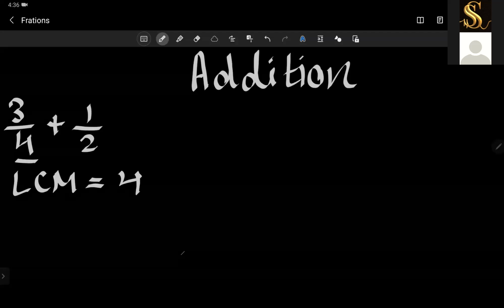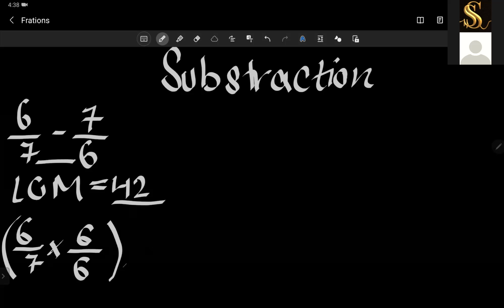So here for 6 upon 7, I will have to multiply by 6 upon 6, as 7 into 6 gives us 42. And for 7 upon 6, I have to multiply both the numerator and the denominator with 7, as 6 into 7 gives us 42.